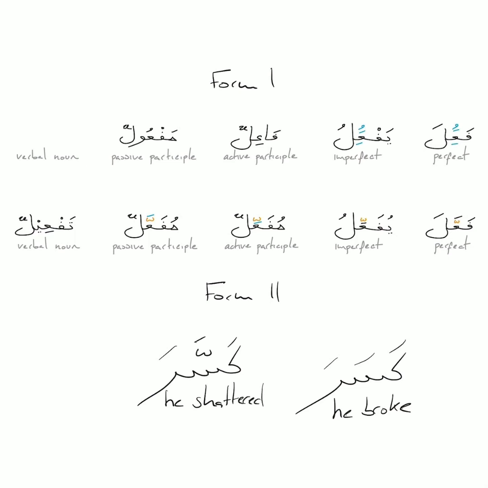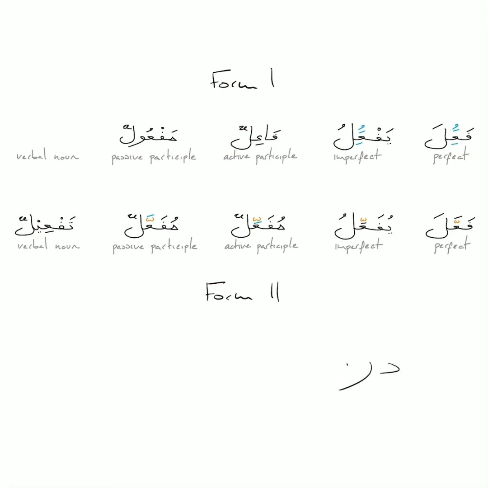So you can see how they have similar meanings, just one is a more intense version of the other one, yeah? Usually you'll find that words that are in the form 2 scale, they'll either be more intense or they will be creating some kind of cause, like this for example. We have two words with the same root letters, only this one is form 1, darasa.